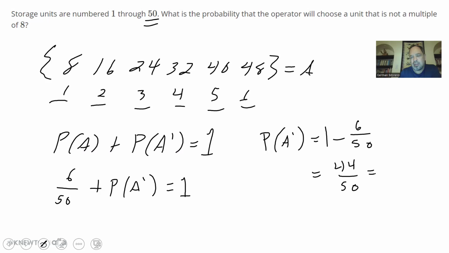And so that's 22 out of 25. Or you could convert this to decimal and do 0.88, right? So that's how you do that problem.